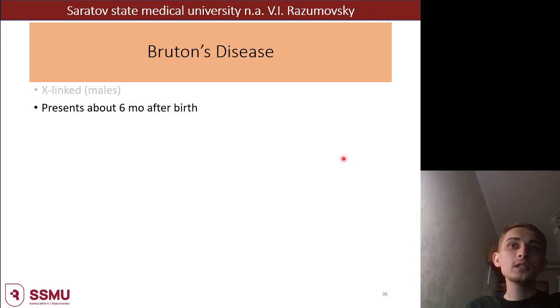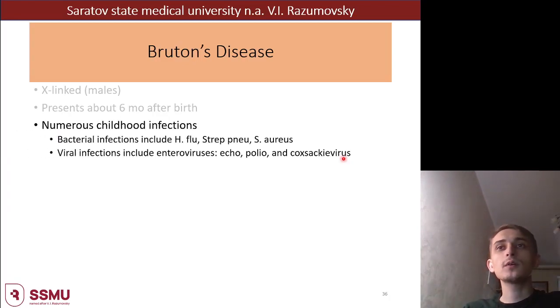It presents about 6 months after birth, and the typical manifestation of this disease is in young age, at 6 months of life. At this age it may be associated with a lot of childhood infections.